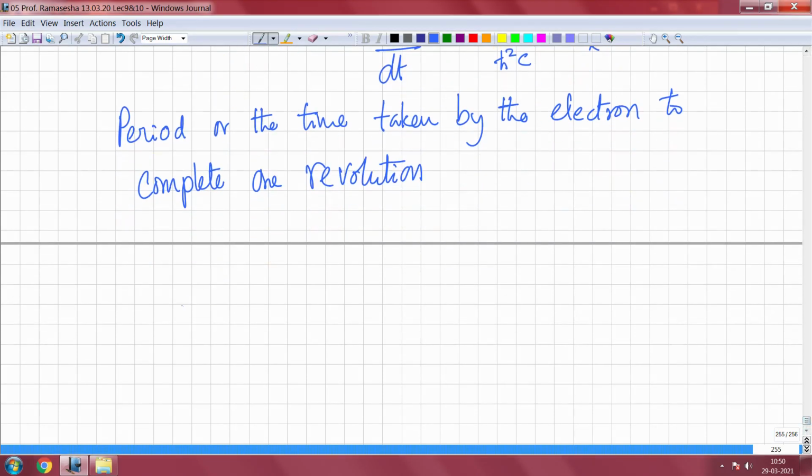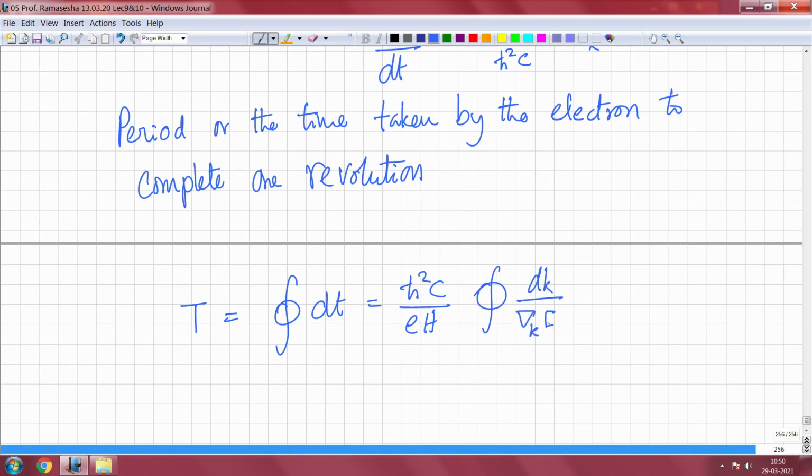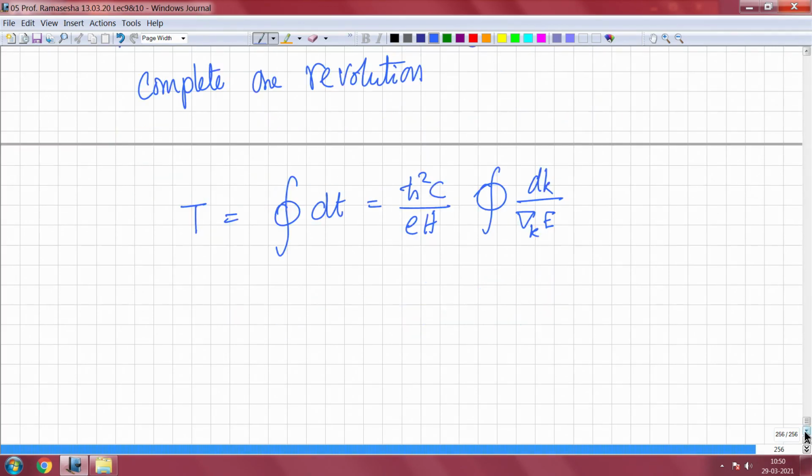So, that is T is equal to integral dt, and that is equal to h cross squared c by eH times integral dk upon grad k E, and grad k E in our case is equal to delta E divided by delta k perpendicular.